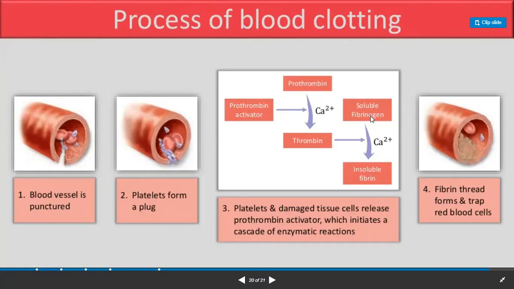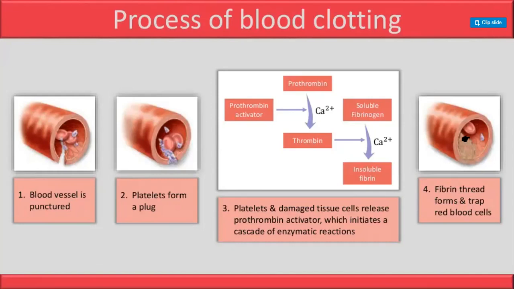So what happens is that once thrombin is formed, thrombin now activates or causes fibrinogen to be broken down into what we call fibrin in the presence of calcium ions. Then this fibrin now forms a thread or a mesh, okay, which traps red blood cells.